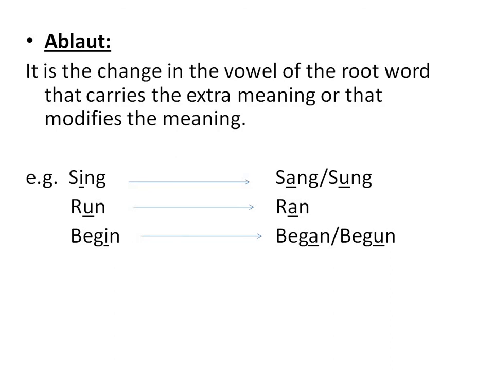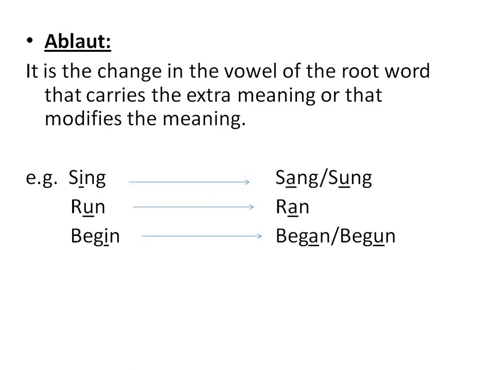For example, the word is sing. To make the meaning into the past, we change the vowel of the root word, from sing to sang and sung. The vowel here is i, and in sang the vowel is changed into an a sound.